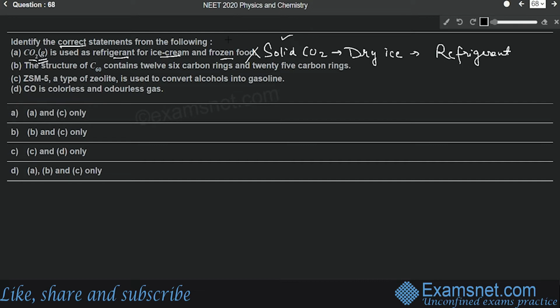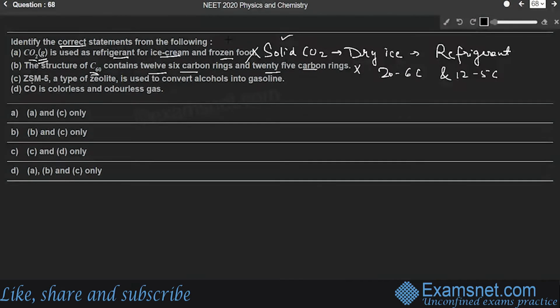Now move to the second statement. It says the structure of carbon 60 contains 12 6-carbon rings and 25 carbon rings. Again, this is incorrect. Actually, this is the opposite because there are 20 6-carbon rings and 12 5-carbon rings. So this is also an incorrect statement. Now we move to the third statement.